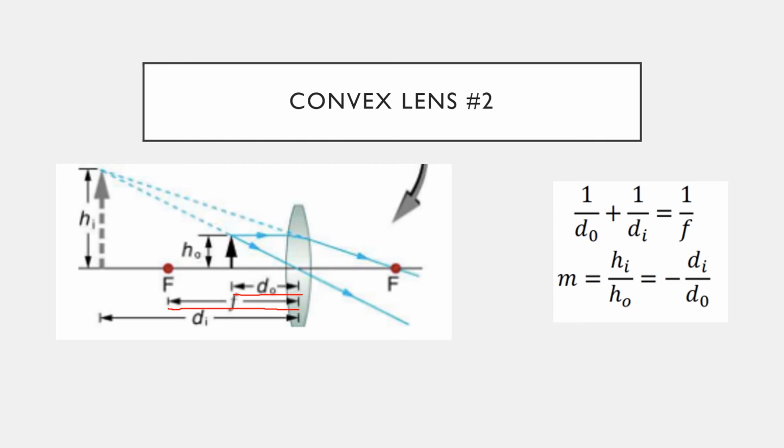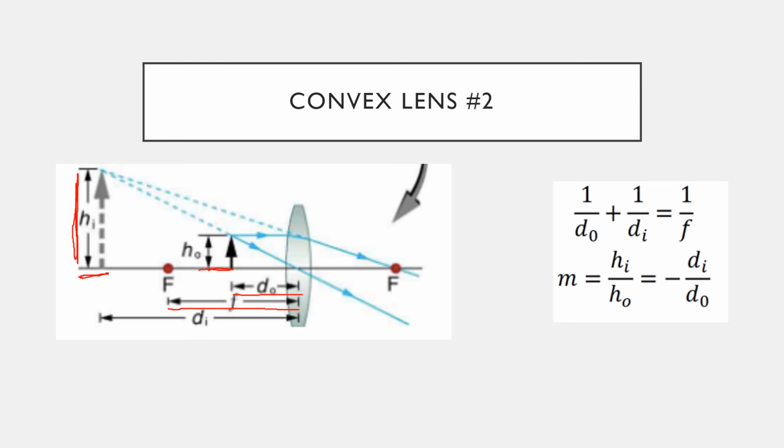In this scenario, we're going to have a virtual image created because our image is actually over here on the same side as where our object is. So the object is here, the rays interact with the lens, and then for the viewer it appears that the image formed is on the same side as the object.